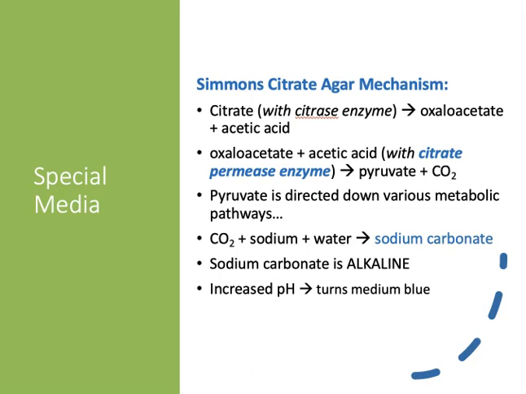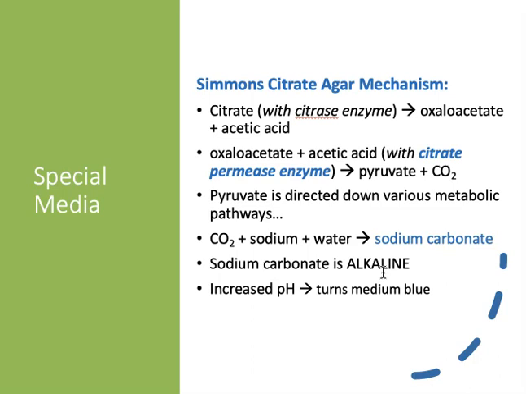Remember, pyruvate's just a metabolite, so once it's produced, it's going to be directed down some metabolic pathway. The carbon dioxide that's produced will mix with sodium and water inside of the microbial cell and produce a molecule called sodium carbonate. Now, this molecule is important because sodium carbonate is alkaline.